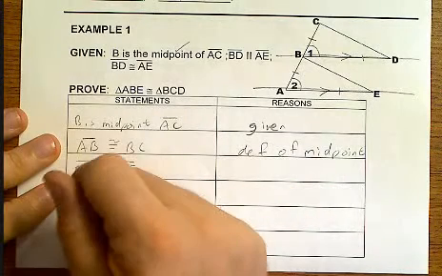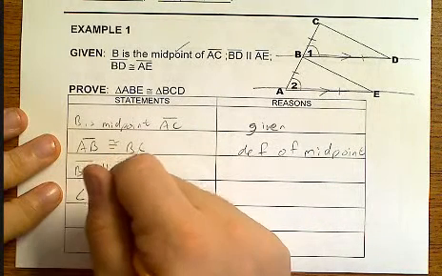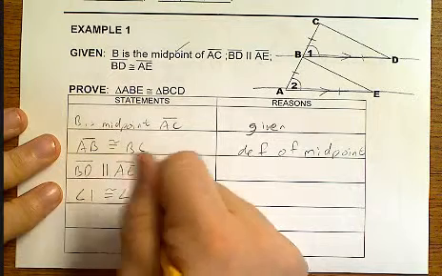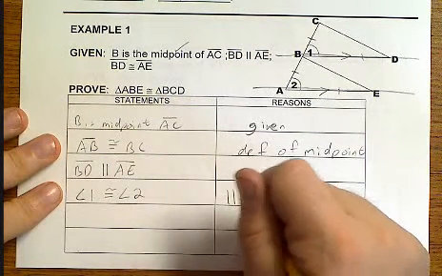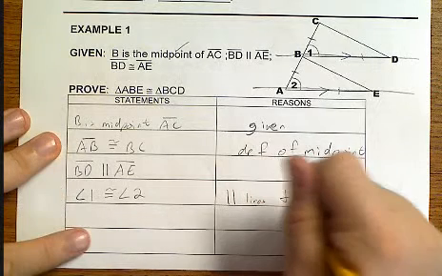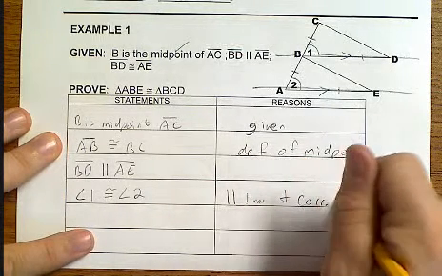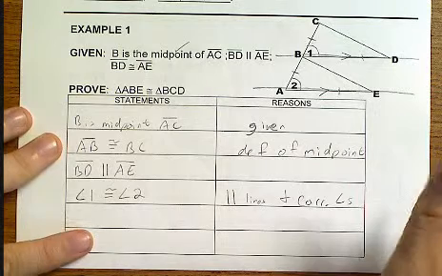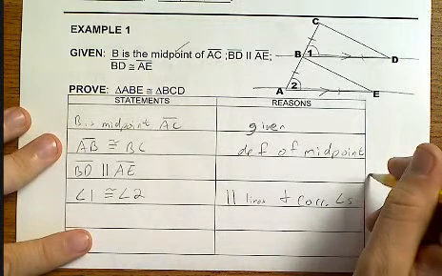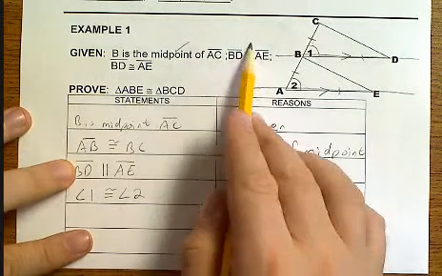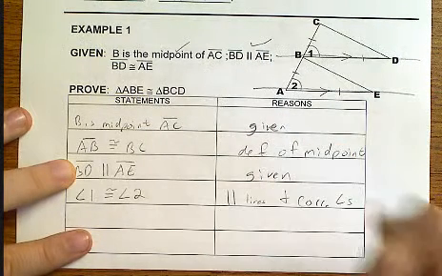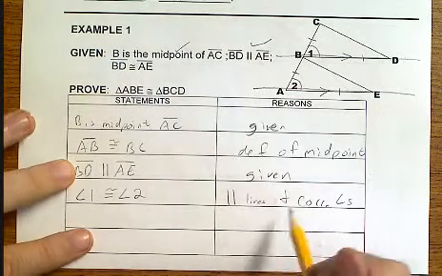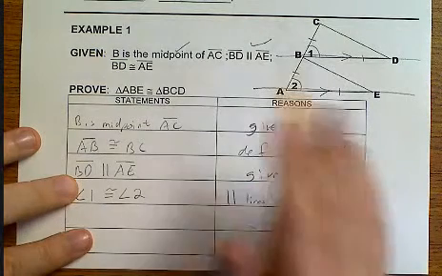So angle 1 is congruent to angle 2 because we have parallel lines and corresponding angles. It appears I forgot to fill in this one. This was something that was told to us, so it is also just a given. Here we have our congruency, and we're done.